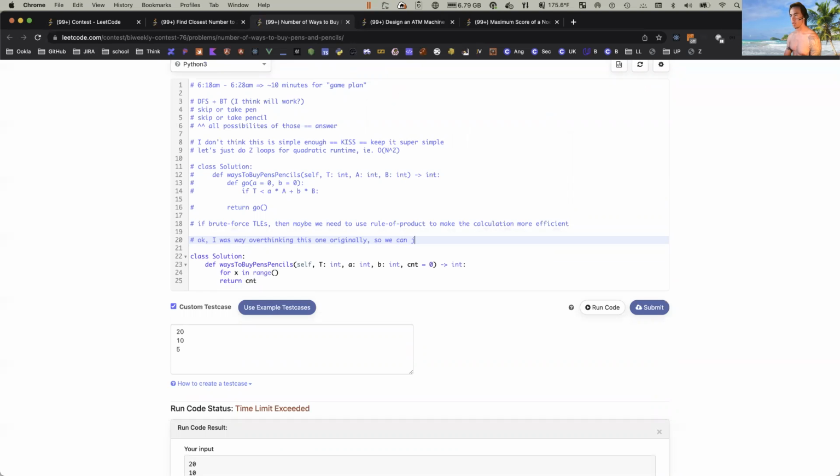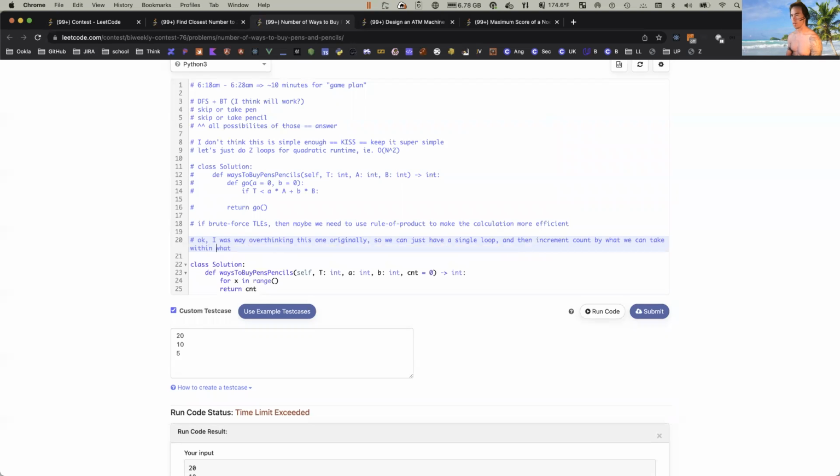So we can just have a single loop and then increment count by what we can take within what would be an inner loop, which we don't need to iterate on.